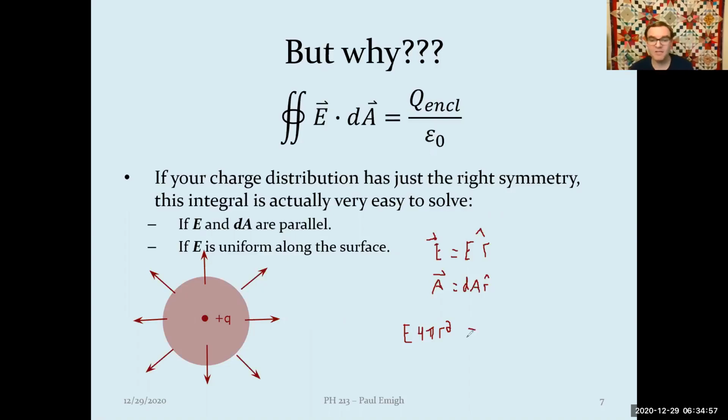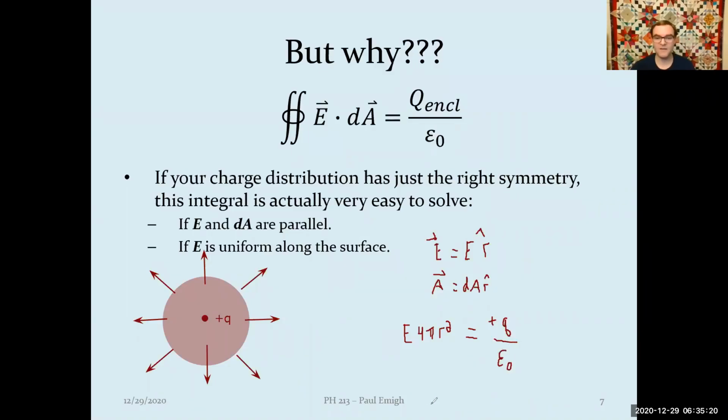Now I have to find the other side of this Gauss's law equation. And the other side is I want to find the total charge enclosed. Well, so I go to my picture and I say, there's only one charge, plus q. It is enclosed, it's inside the sphere. So I'll put plus q here, and I'll divide it by epsilon 0.